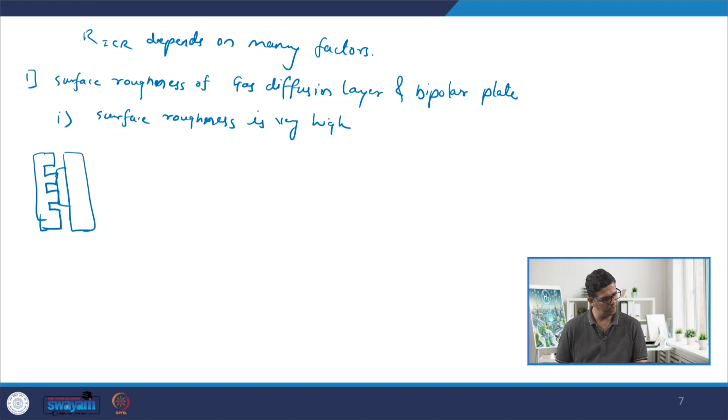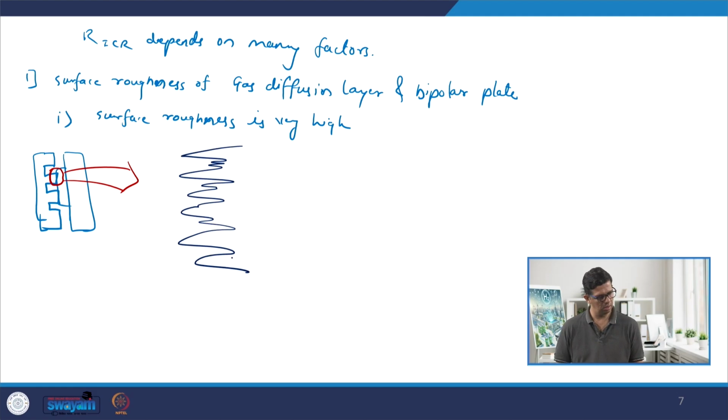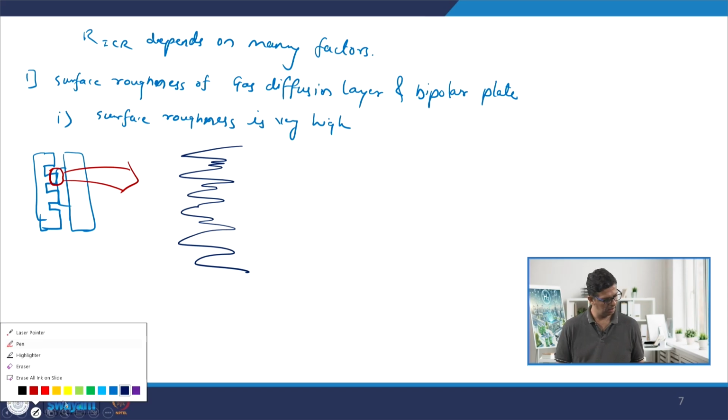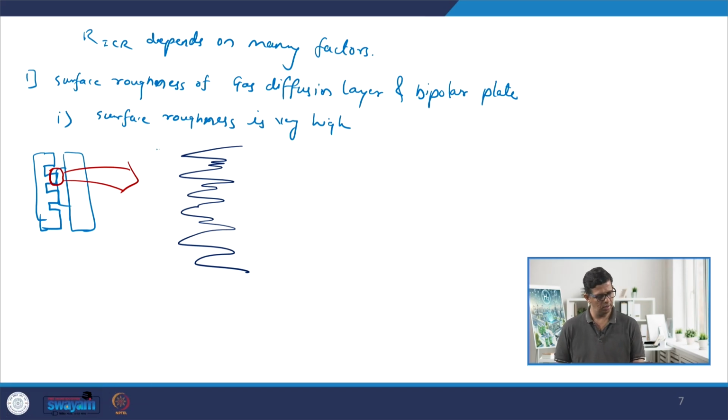if I zoom in here, this is, let us say, the diffusion layer, and the bipolar plate is also very rough.